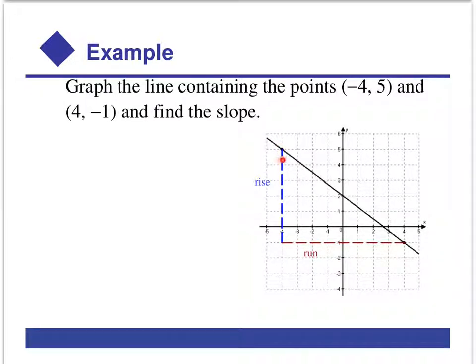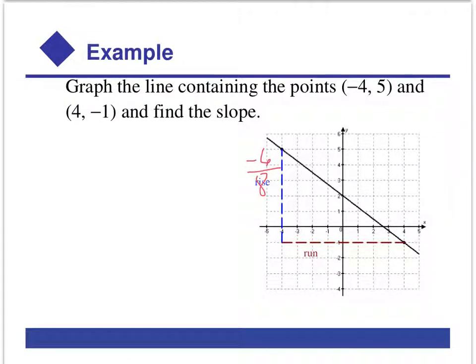If I go 1, 2, 3, 4, 5, 6, I went down 6, so that would be -6. And then let's see how far we go over from that point. 1, 2, 3, 4, 5, 6, 7, 8. I went to the right 8 times, so that's +8. So our slope should be -6 over 8.